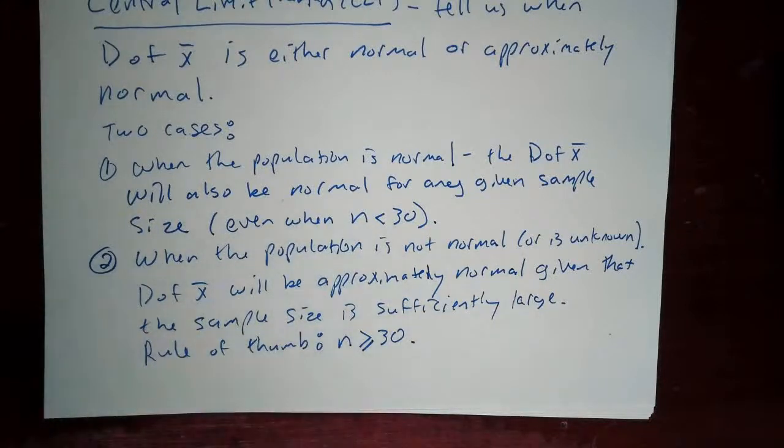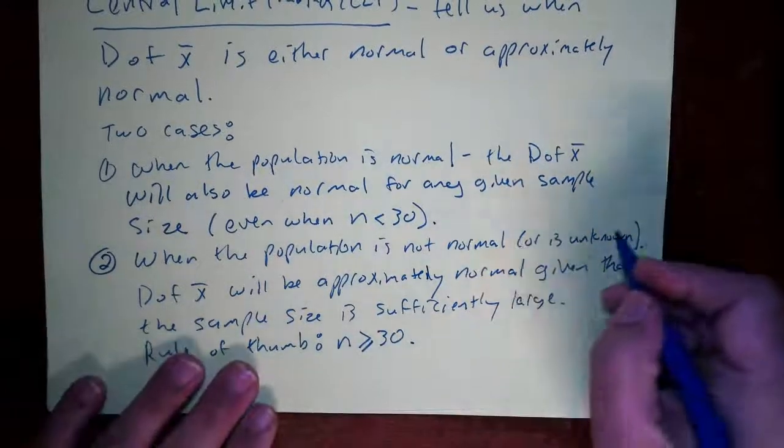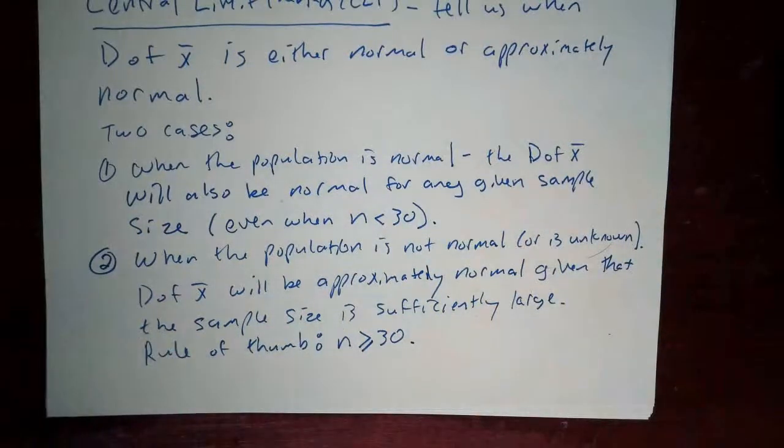But basically, if n is greater than or equal to 30, even if the original population is not normal, the distribution of x bar will be approximately normal, as long as your samples are sufficiently large. And so we can make that assumption even for any population, even if we don't know anything about the shape of the population.